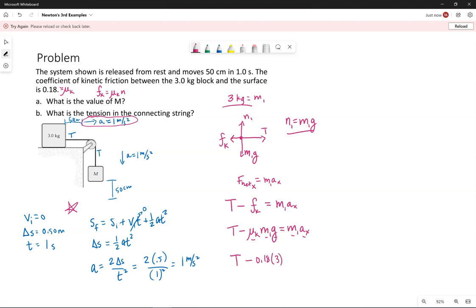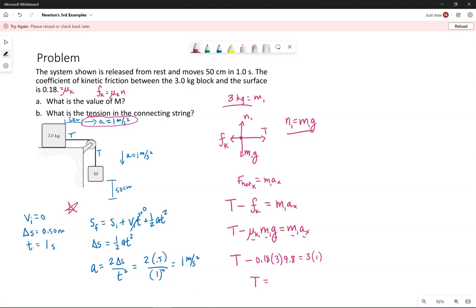The coefficient of friction they gave us is 0.18. The mass is 30 kilograms. And we calculated the acceleration to be 1 meter per second squared. We do know the acceleration is pointing to the right, which is why I'm just putting the value of 1 in there, as opposed to a -1.